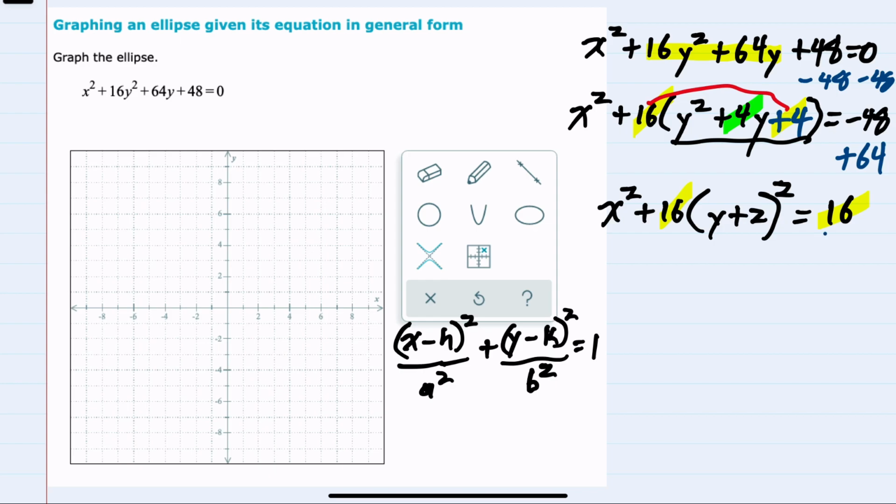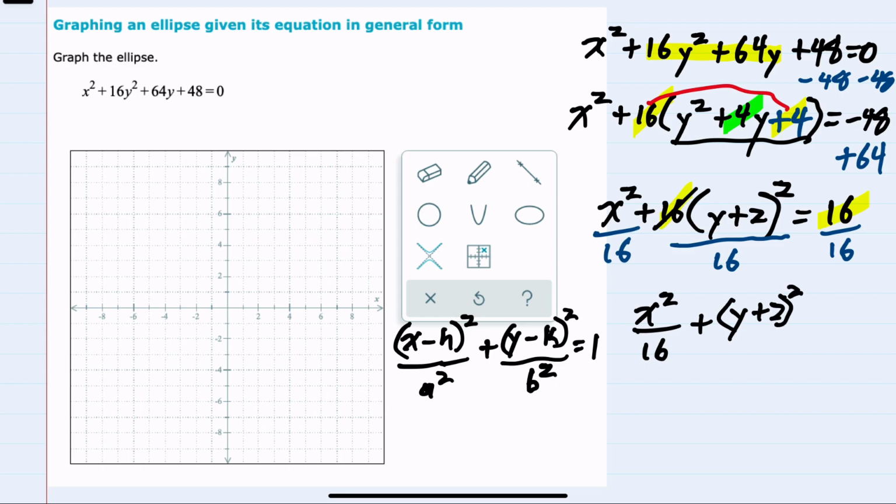So this works out perfectly if I divide each term on both sides by 16. I would then have x squared over 16 plus (y + 2) squared. These 16s cancel, so my denominator is just 1, and that right-hand side is now 1.